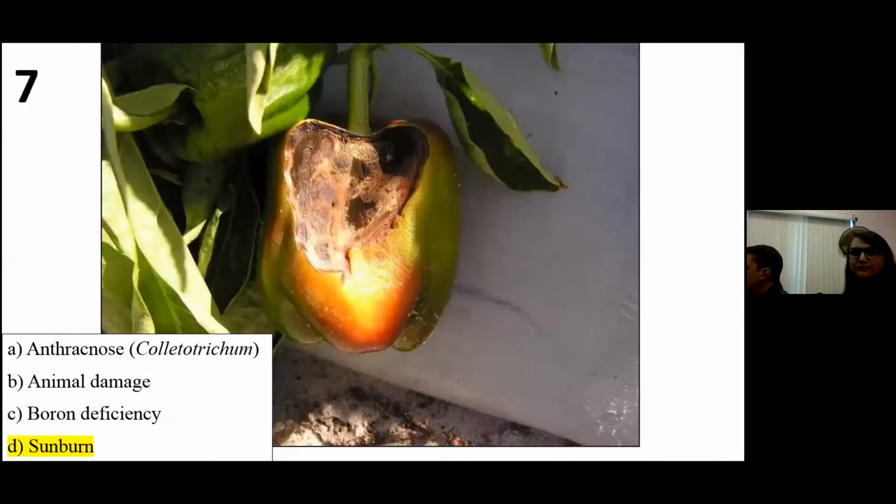Number 7. Sunburn, 46 percent got sunburn. Other options were animal damage. So this is another one of those that is physical damage, and we tried to trip you up a little bit here, putting the animal damage. It probably wouldn't look that different, but I'm impressed that most of you were able to get this one.